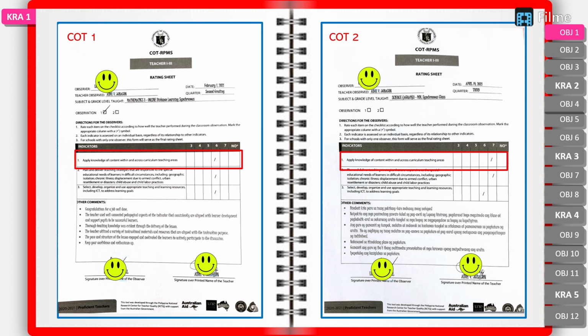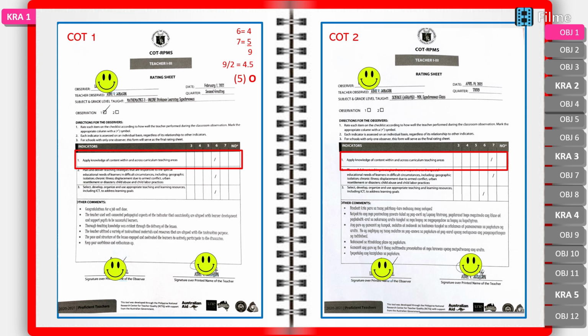Kukunin natin ang RPMS 5-point scale rating kung saan ang 6 is equivalent to 4 at ang 7 naman is equivalent to 5. 4 plus 5 is 9. Then, 9 divided by 2, the answer is 4.5. Ang 4.5 is equivalent to 5, which is outstanding in the transmuted RPMS rating.